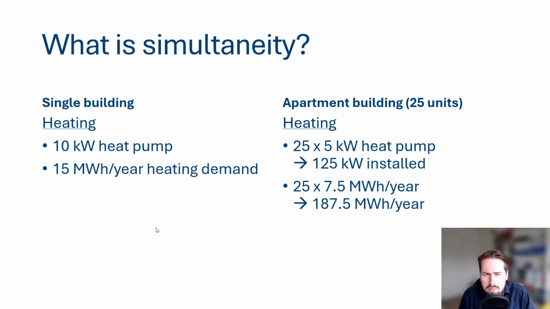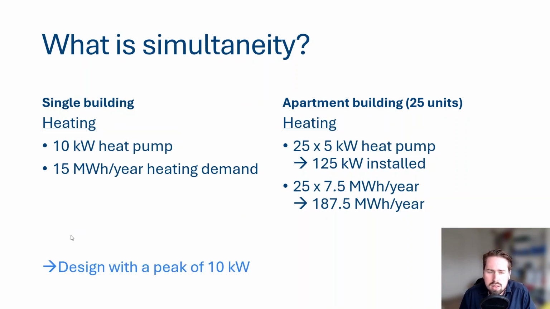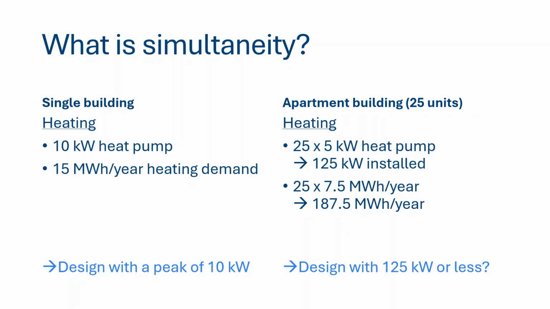Now, if we design the bore field for the single building, we know that we will design it with a heating demand peak of 10 kilowatts. Now, for the apartment building, we can design it with 125 kilowatts, but perhaps we can design it with a little bit less. And this is due to the simultaneity.